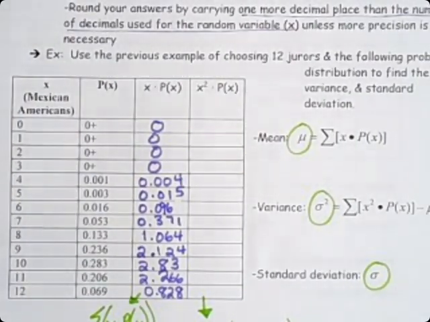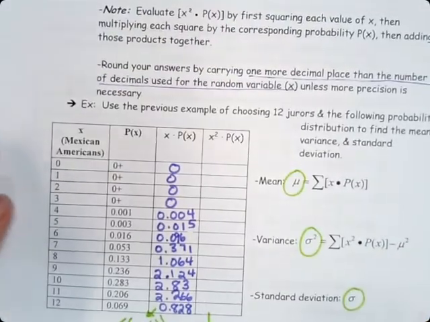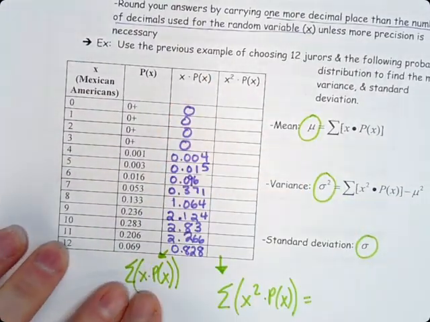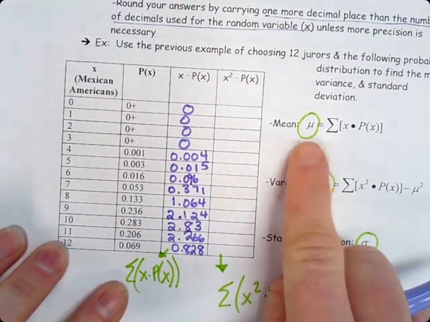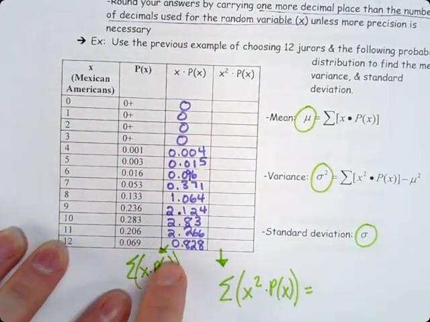It's a little fuzzy. I don't know what's going on with it right now. That looks better. Okay, so then our x times p of x, which is called our mean, is going to be the summation of those values. So go ahead and add them up.